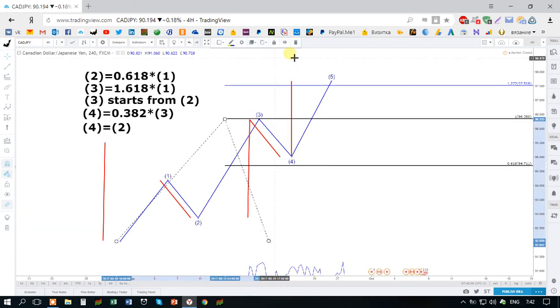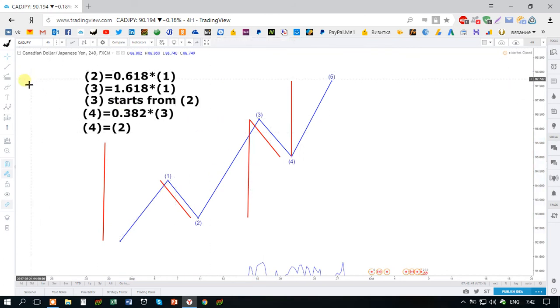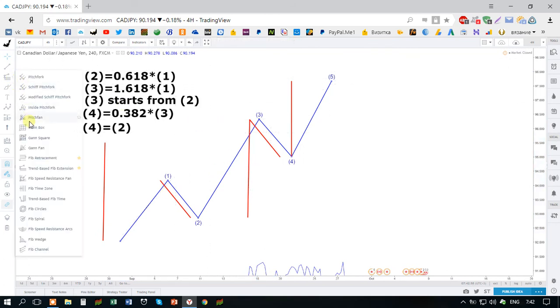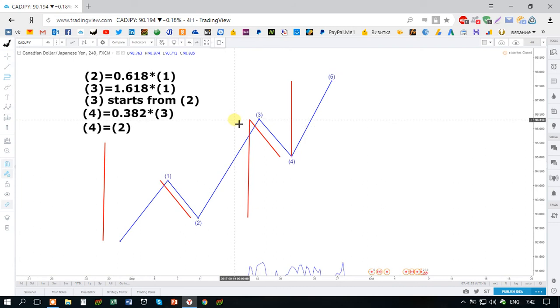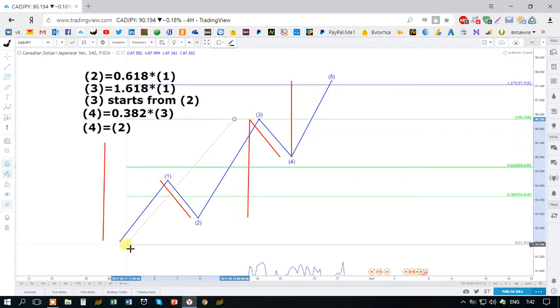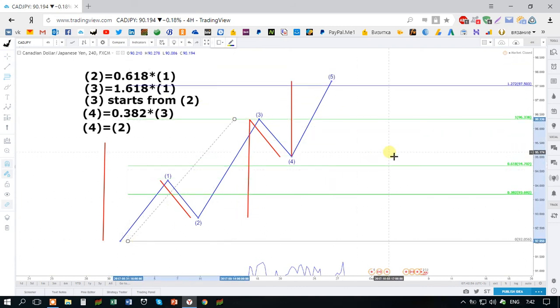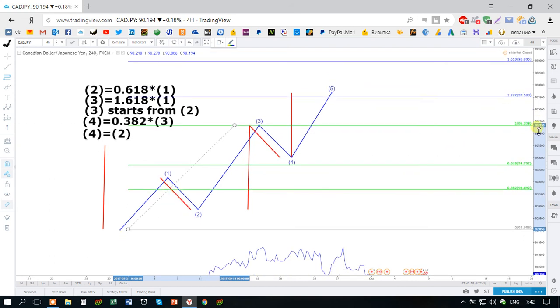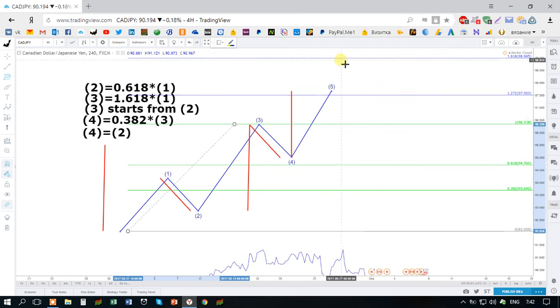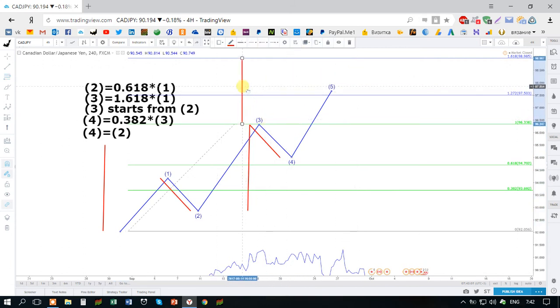If you measure it this way, you take the simple Fibonacci retracement, you measure it from 3 to 0, and you enable 1.618, this is wrong as well. It doesn't coincide. So if you start the 0.618 from this point, yes, this will coincide, but you should start your wave 5 from wave 4.